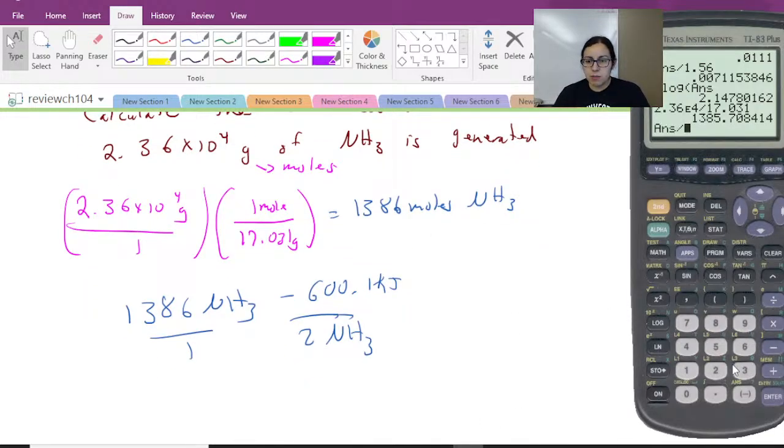So now just divide by 2, times 600, and we get this many kilojoules, which is a lot.